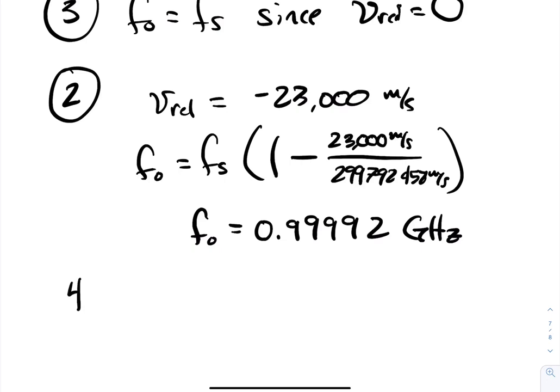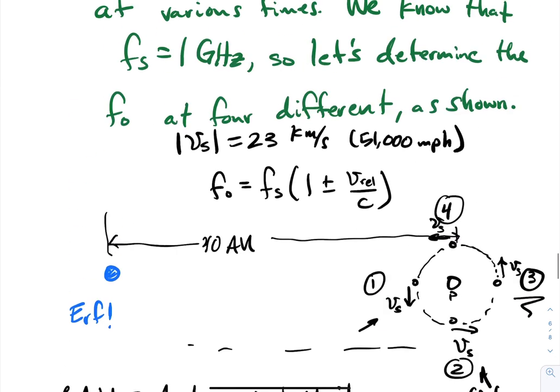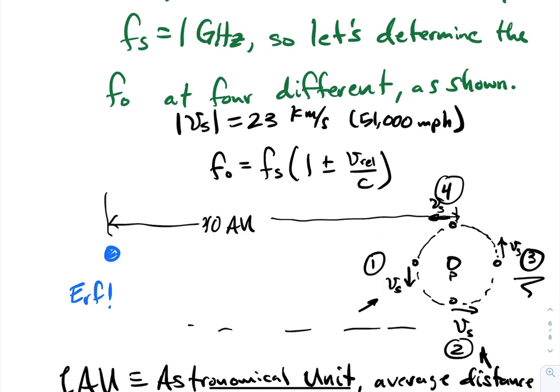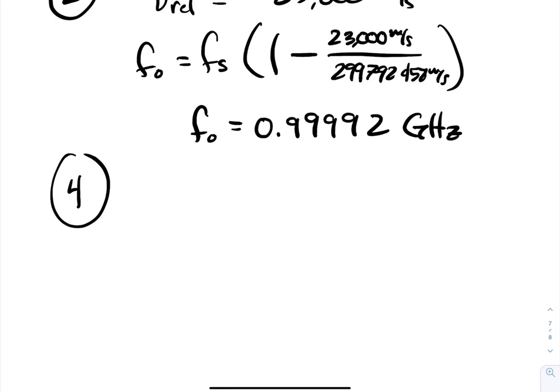Our final spot, number 4, now the velocity is moving toward the Earth. As you can see, velocity is moving toward the Earth. And so we'll just use the plus instead of the minus. We'll know that the wavelength will be compressed, and so the frequency will go up and the wavelength will be shorter.